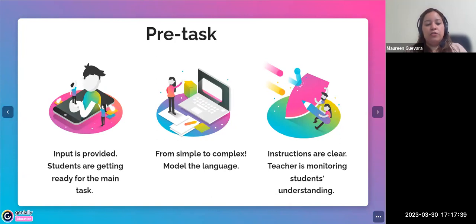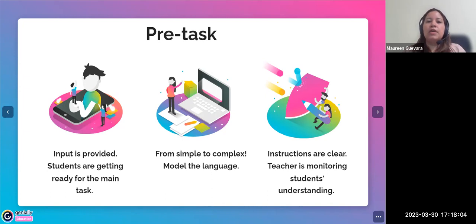Also, students are going to start getting ready for the main task, and we are going to give them the information or this input from simple to more complex. We are going to give them models of the language. We are going to give them the language that they are going to need.